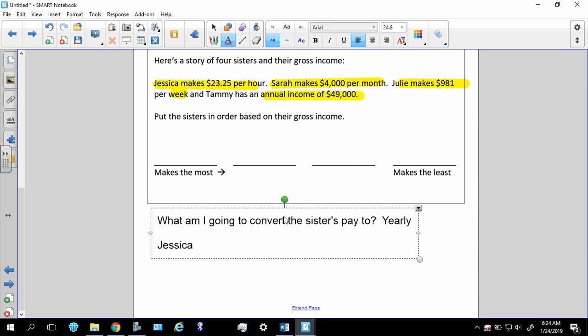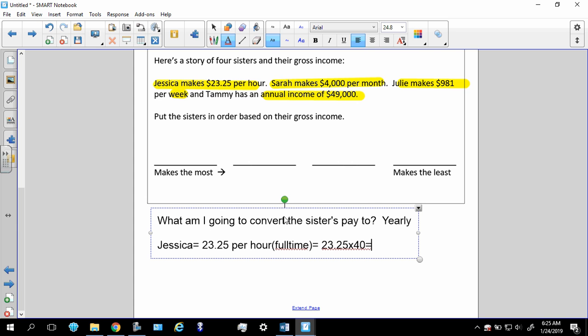Jessica, she makes $23.25 per hour, but she is full-time. She's full-time. So that means I'm going to take $23.25 and times it by 40.